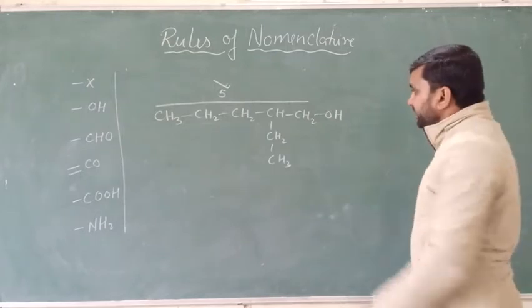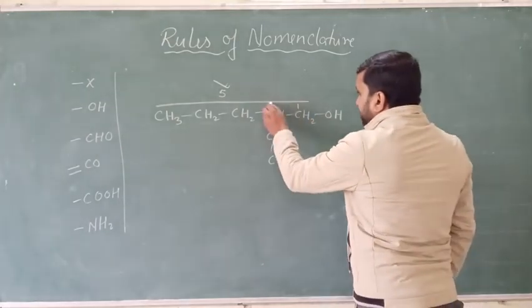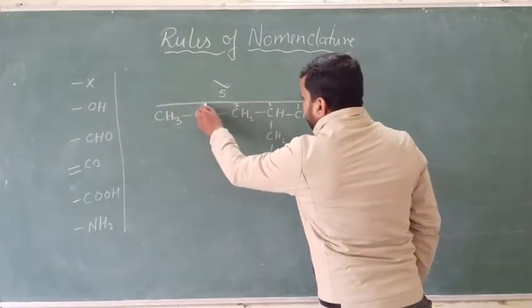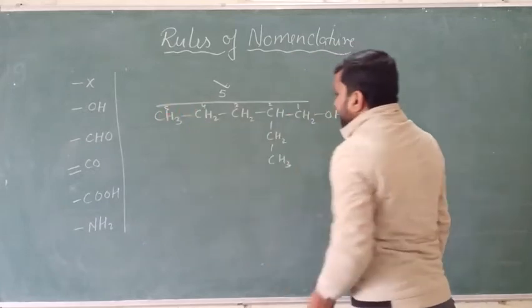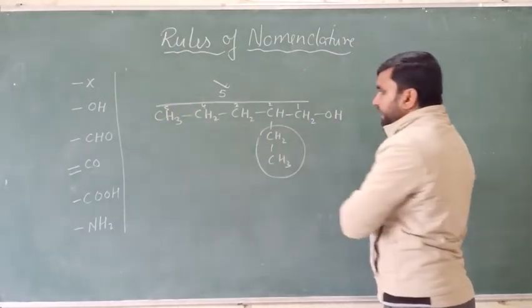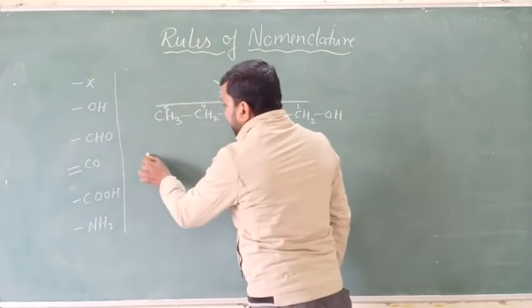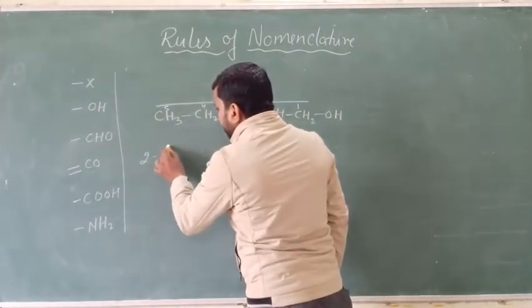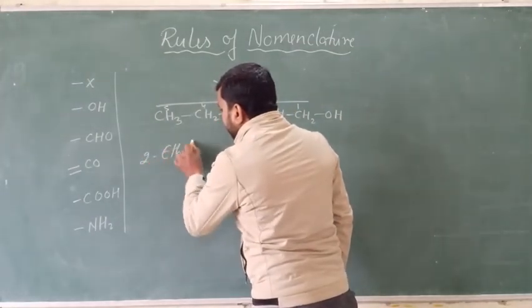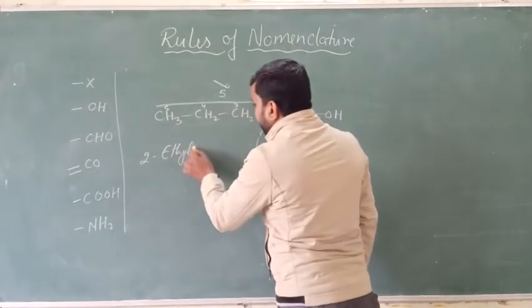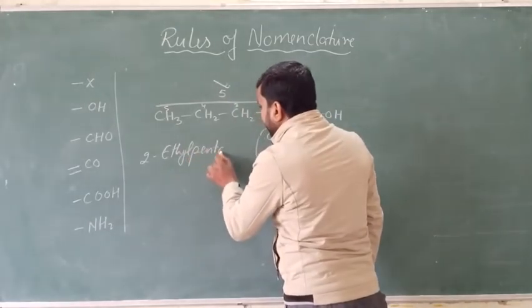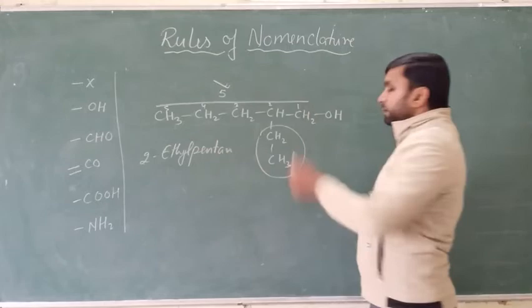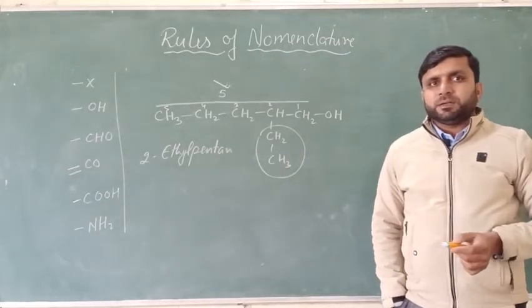The functional group must be given priority while numbering, means numbering must be done in such a way: 1, 2, 3, 4, 5. Now, on the second carbon an ethyl is attached, so we will write 2-ethyl. 5 carbon, pentane, because the name of the functional group will be written in the form of a suffix.